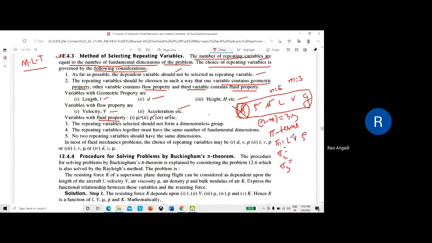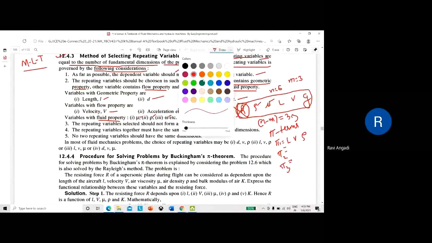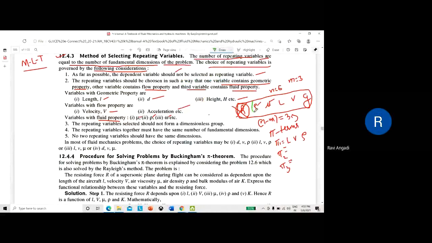So what is the criteria? As far as possible, the dependent variable should not be taken as a repeating variable. Then from the remaining 5 variables, you have to choose 3 repeating variables. One should be the geometric property, second the flow property, third the fluid property.